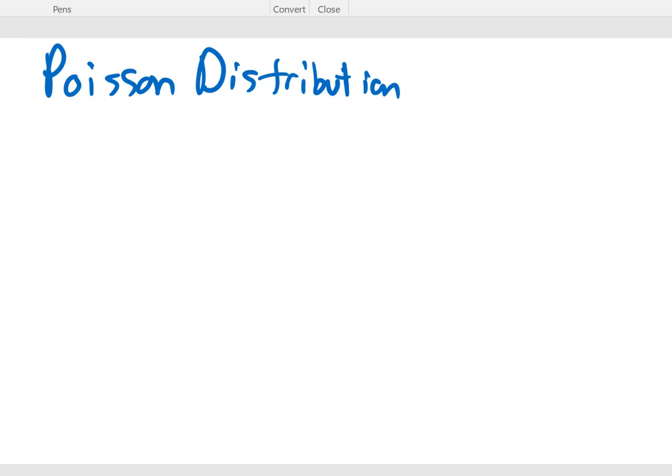But we have 2 parameters that we use for the Poisson distribution. The first parameter is lambda. That's the Greek letter lambda. And that stands for the mean number of occurrences in a given period of time.